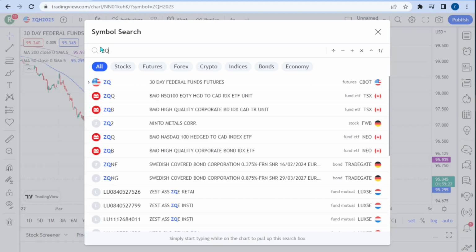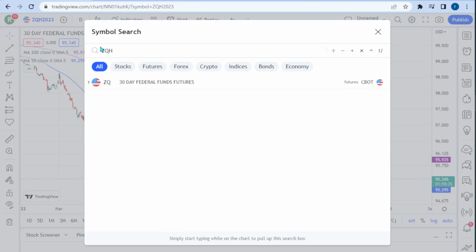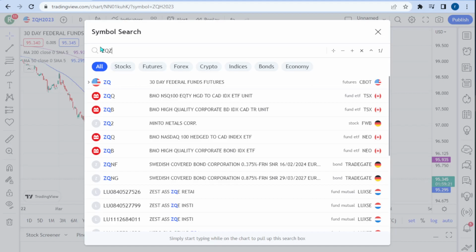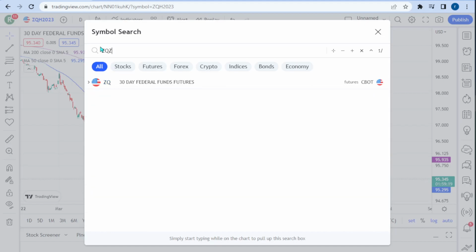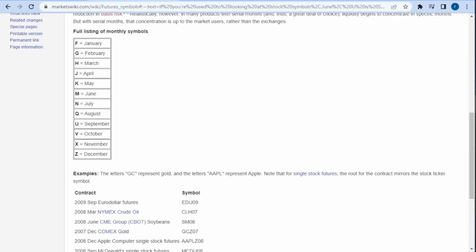Now, if I type in something like H, that will represent March. Z will represent December. And then after this, I want to type in the year. So I could do 2023 for this year right now.